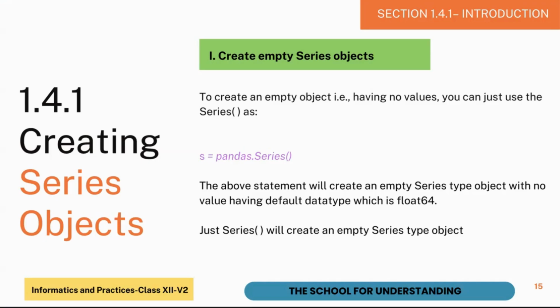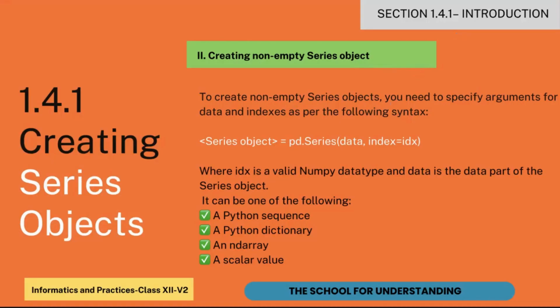Once we use that and if we don't pass any data to that class, then we will get an empty series data structure. So just Series will create an empty series type object. We can also create a non-empty series object. Here we are going to pass the data, I mean the actual data, and then we need to pass the index.